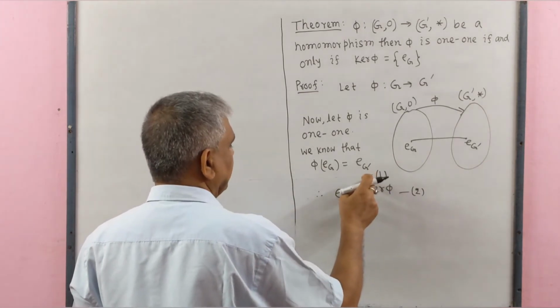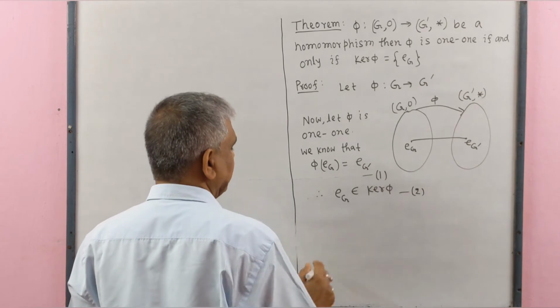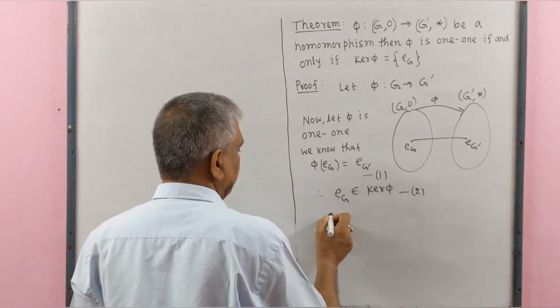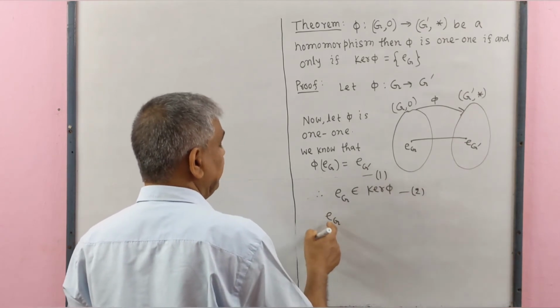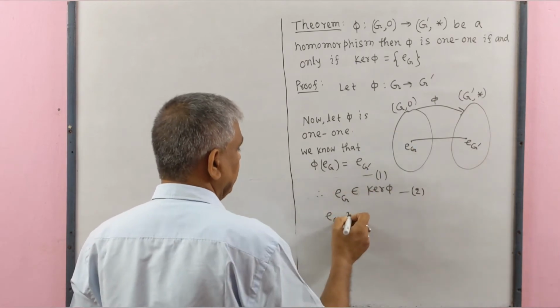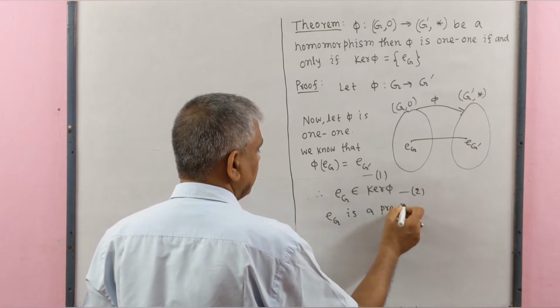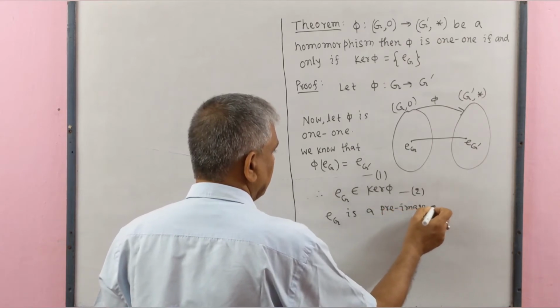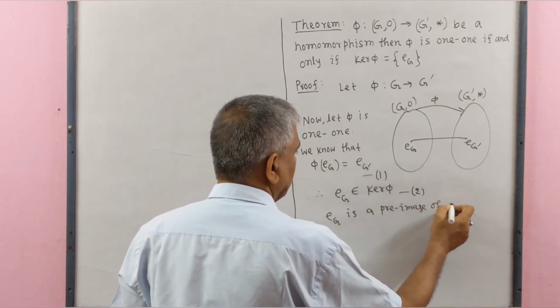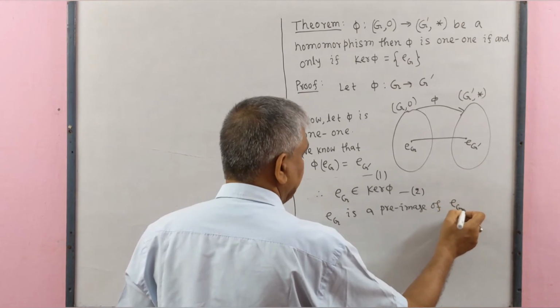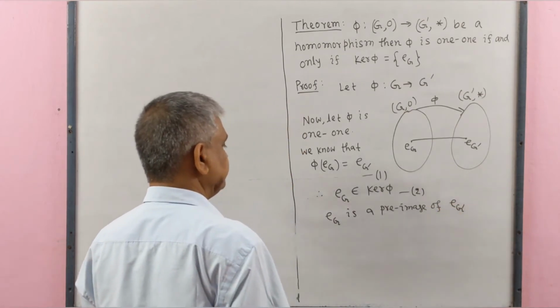From 1, it is clear that EG, the identity element of group G, is a pre-image of the identity element of G prime.